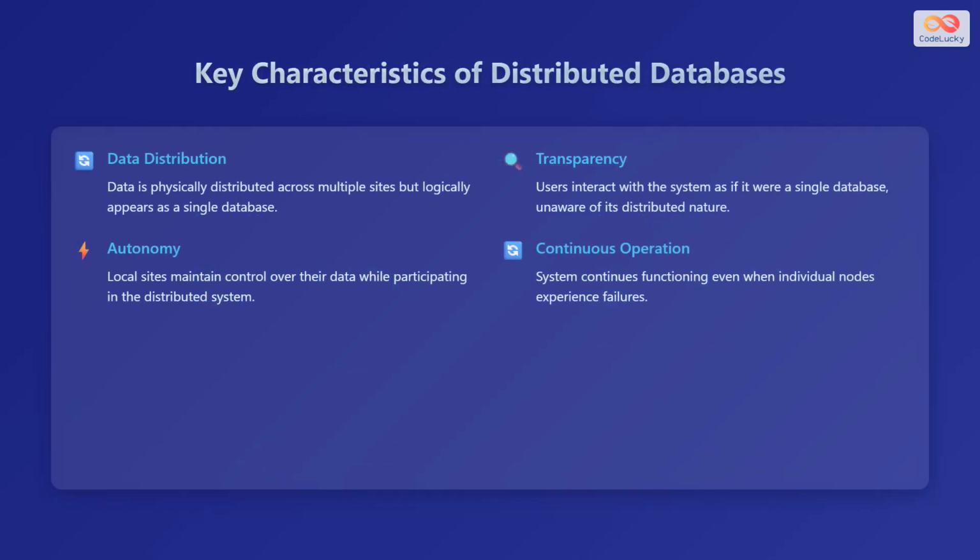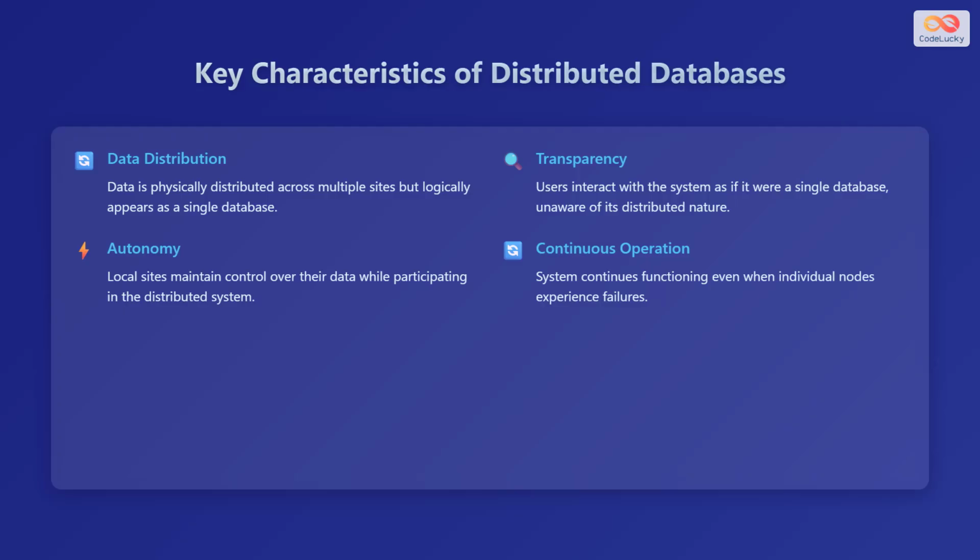Let's explore some of the most important characteristics of distributed databases. The first one is data distribution. The data is physically spread across multiple sites, but it's presented logically as one single database. Another key characteristic is transparency. Users should be able to interact with the system as if it's just one database, without needing to know about its distributed nature.